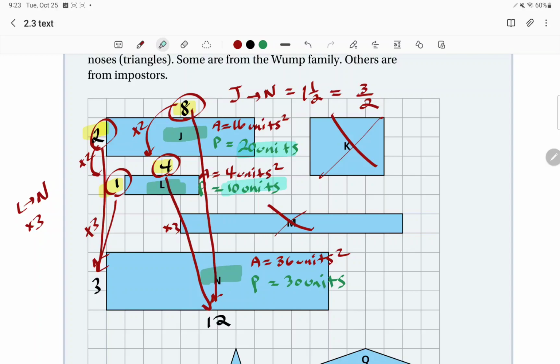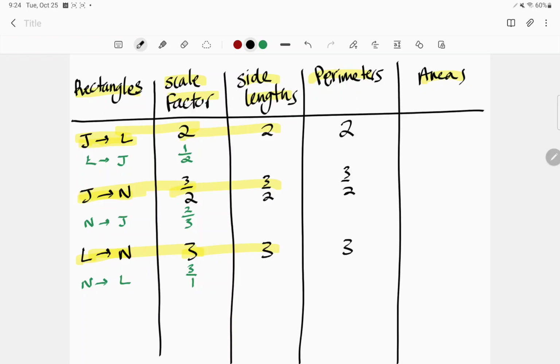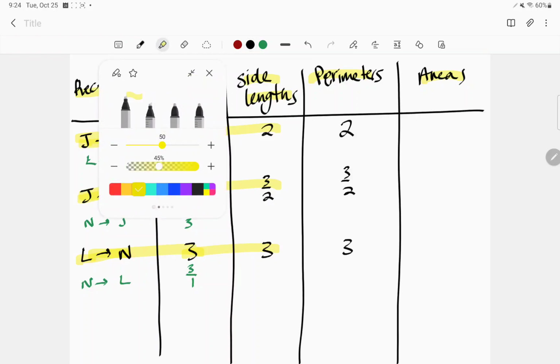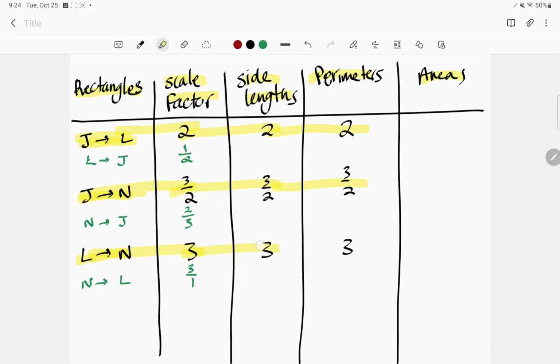And do all of those for the perimeters. Pause the video, do those, and then come back. And you should have found that you get the exact same change or scale factor as for the side lengths. The perimeters are just the sum of the side lengths, so that makes sense.